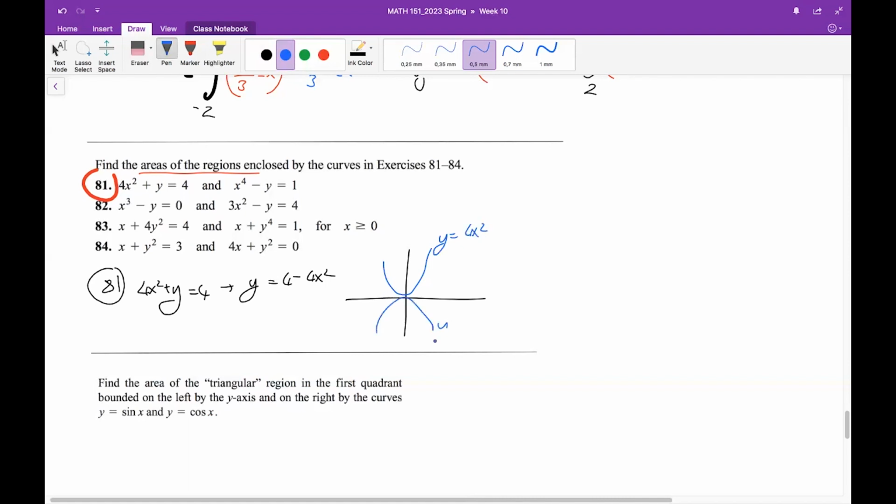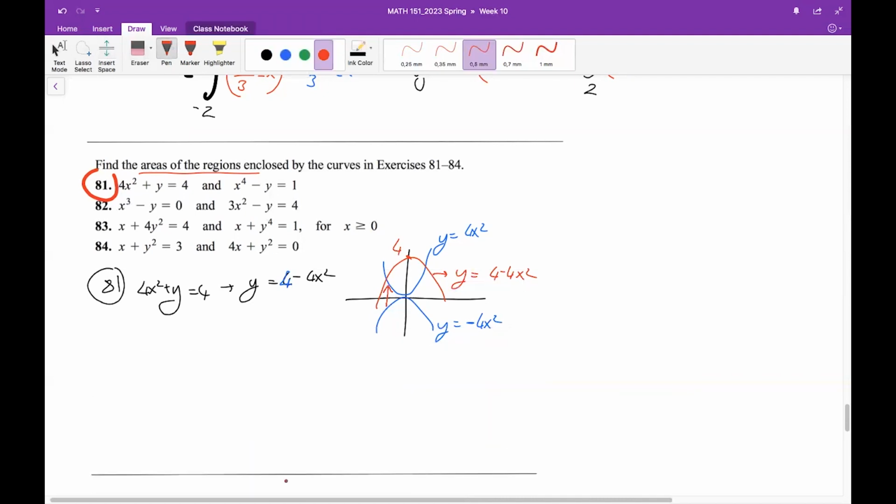You can reverse it like this to obtain the graph of y equals minus 4x squared. So minus is reversed graph. And then you need to add plus 4, right? Adding plus 4 corresponds to taking this curve 4 units up. So this is now the graph of 4 minus 4x squared, okay?